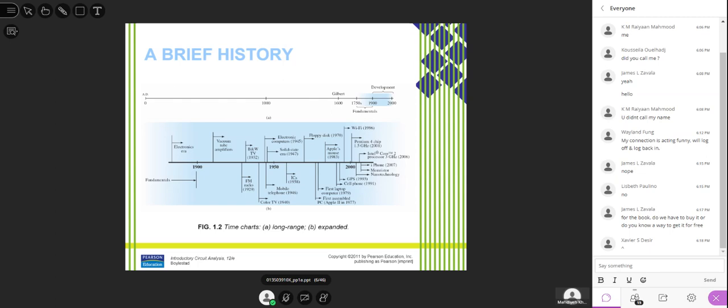Then we have black and white TVs, then color TVs. Around 1950, we have the electronic computer, solid state switches, mobile telephone. Around 1958, we had IC development, the floppy disk. Around 1977, the first assembled PC was discovered. In 1979, 2 years after that, we had the first laptop computer.